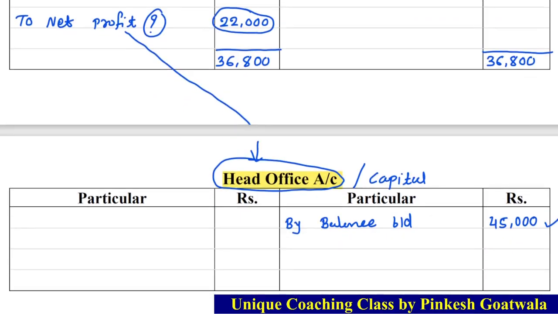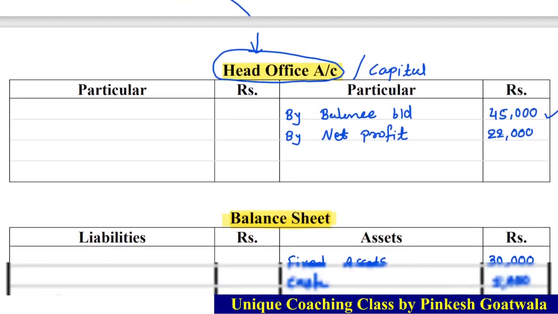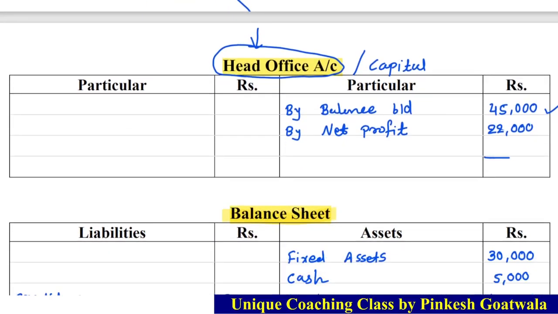Okay, cross entry here debit, so here on the credit side: by net profit amount 22,000. Now let's close this. So it will be 67,000.